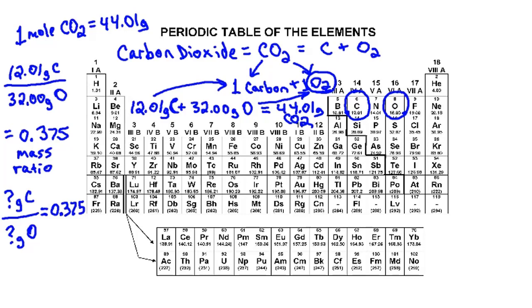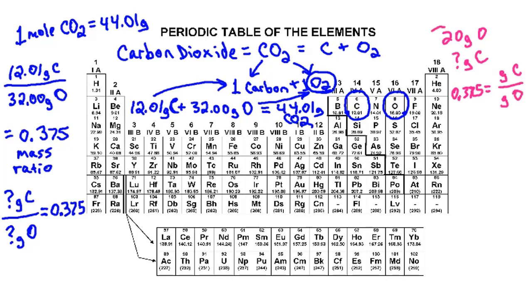Or what if we had 20 grams of oxygen, and we need to know how many grams of carbon we have in CO2. Well, we know the mass ratio, 0.375, is equal to the grams of carbon divided by the grams of oxygen.